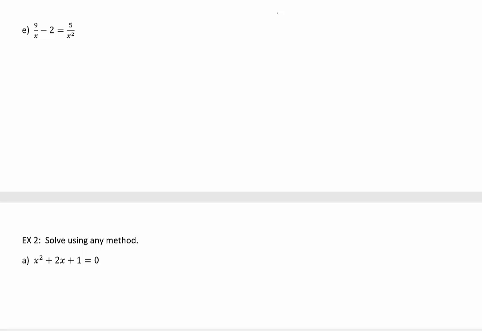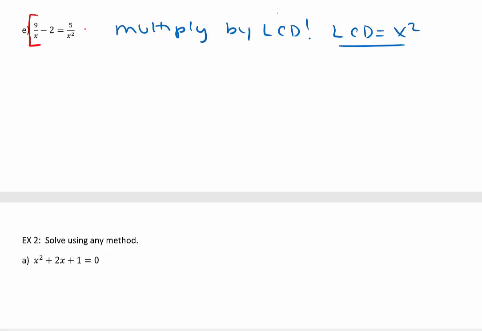All right, one more example with a quadratic formula. In this problem, I actually have rational expressions. I have fractions in the problem. So I'm going to take this equation and I'm going to multiply everything by the LCD to clear the fractions. And in this case, the LCD is x squared. So I am going to multiply every single term in this equation by x squared.